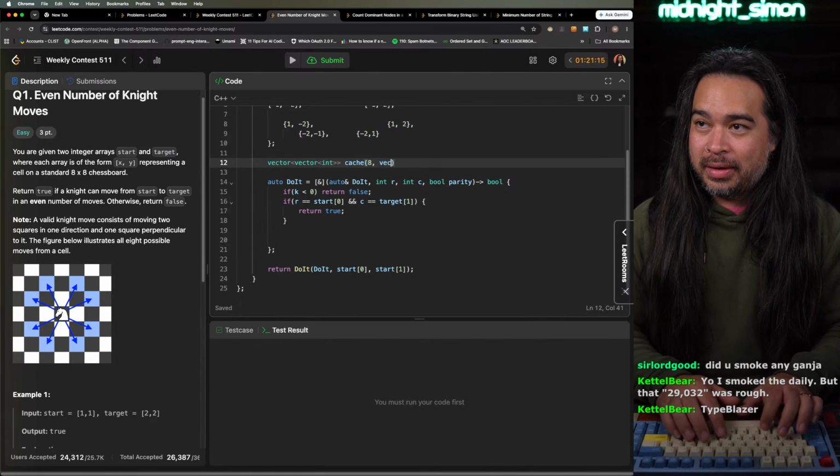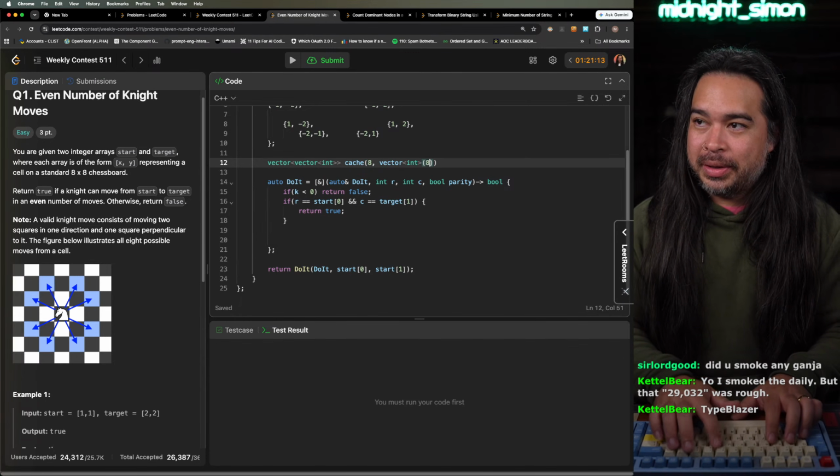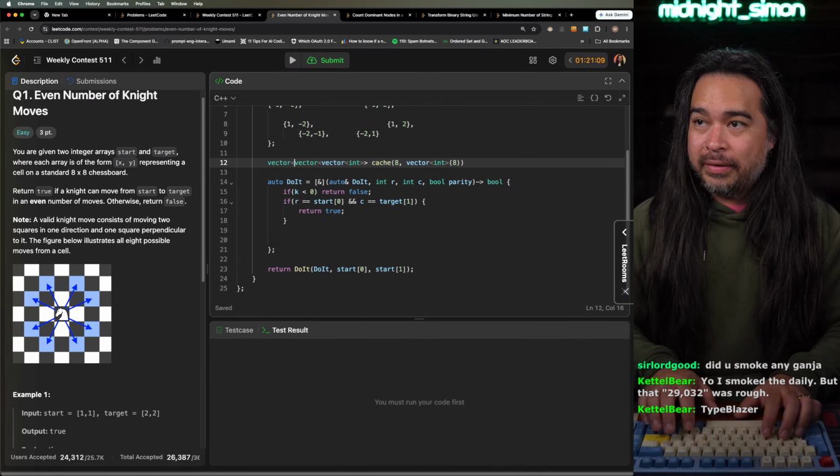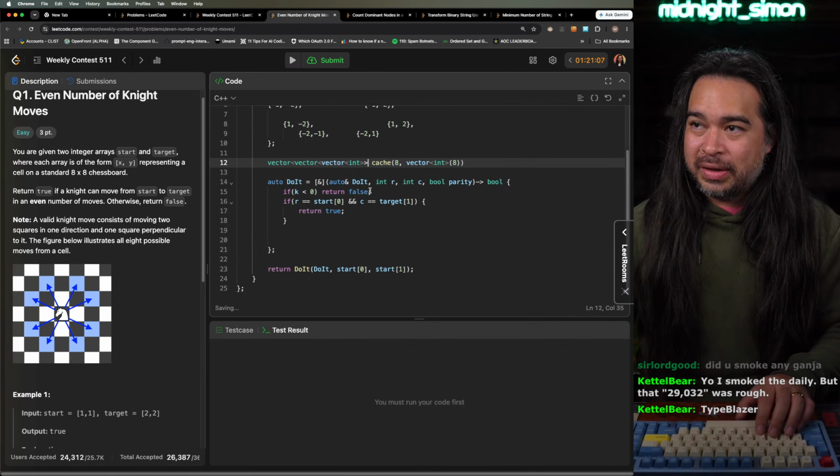Yeah. Let me solve this problem real quick. Oh, this probably needs to be vector, vector, vector.